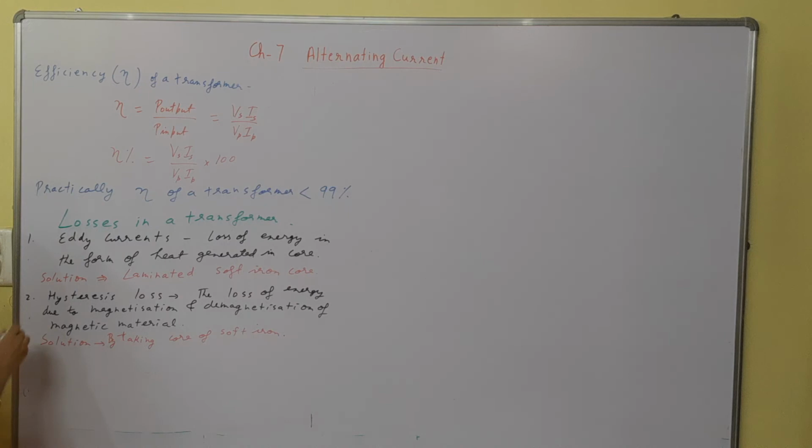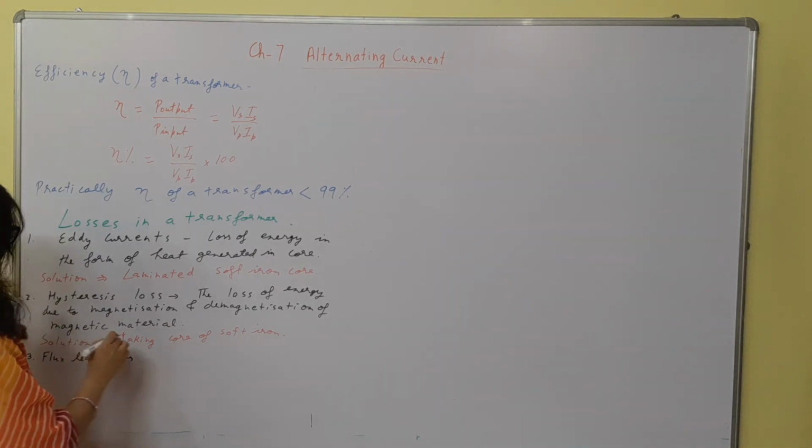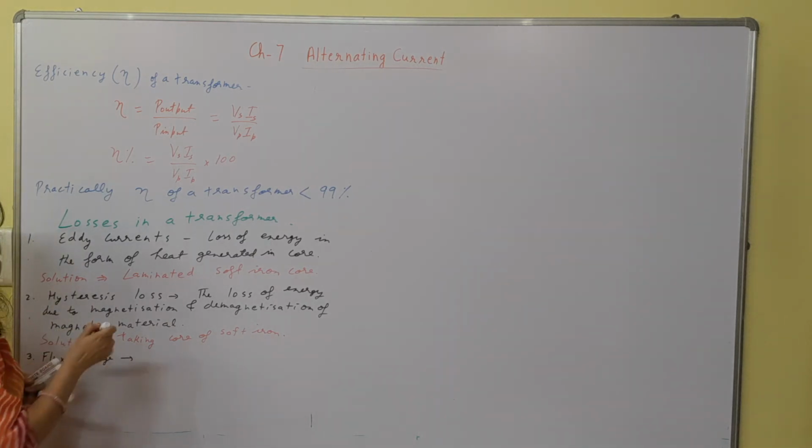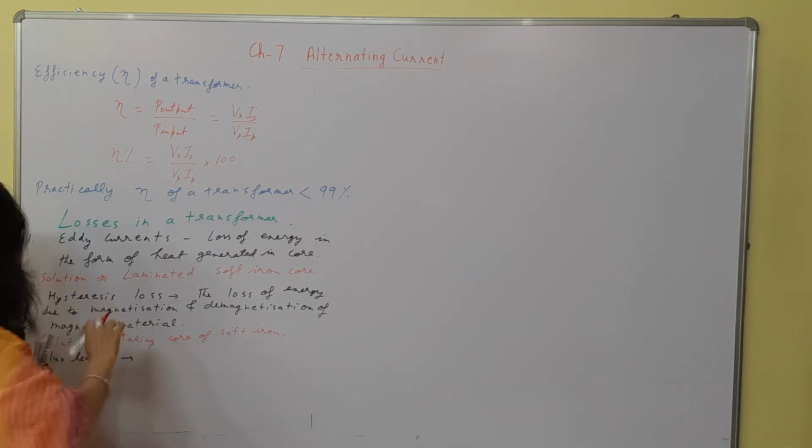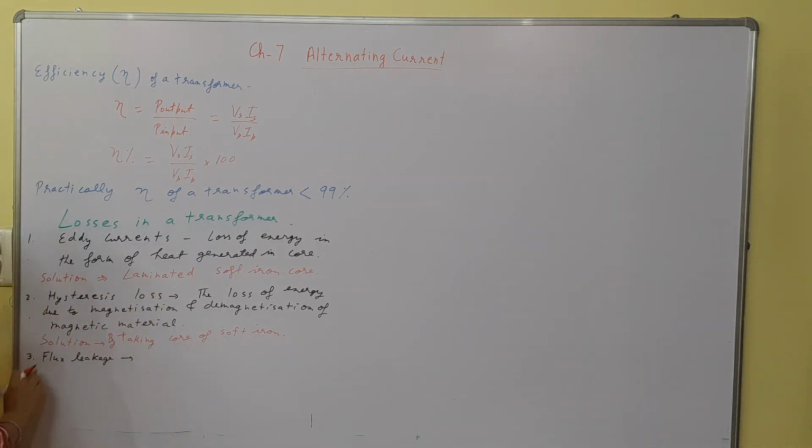Now third is your flux leakage. So flux leakage can be reduced. Flux leakage means the whole of the flux produced across primary must pass to the secondary.